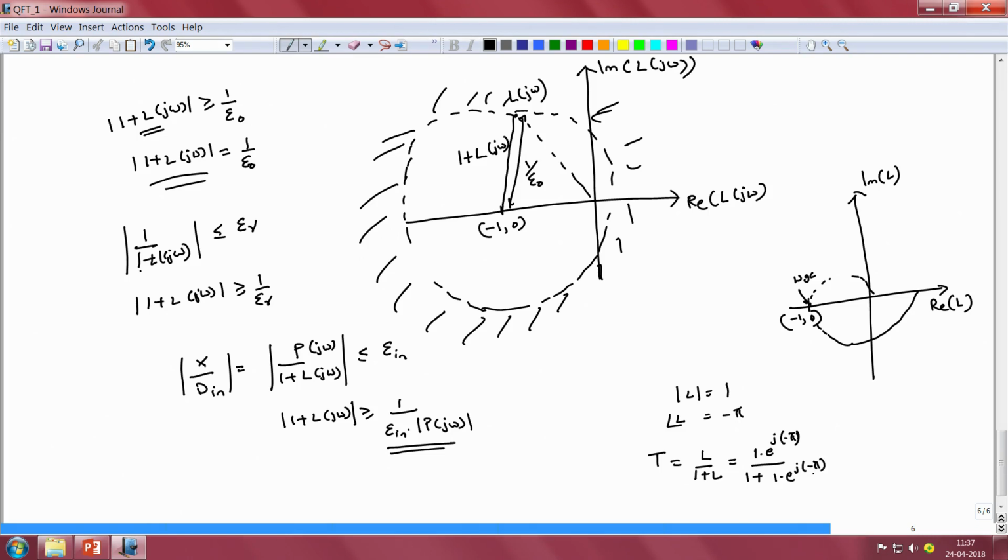Now, we note that e to the power j minus pi is essentially equal to minus 1. So, the transmission function will be equal to minus 1 by 1 minus 1. Hence, the magnitude of T at omega gc, when the Nyquist plot of the loop gain exactly passes through the point -1, 0, will be equal to infinity.